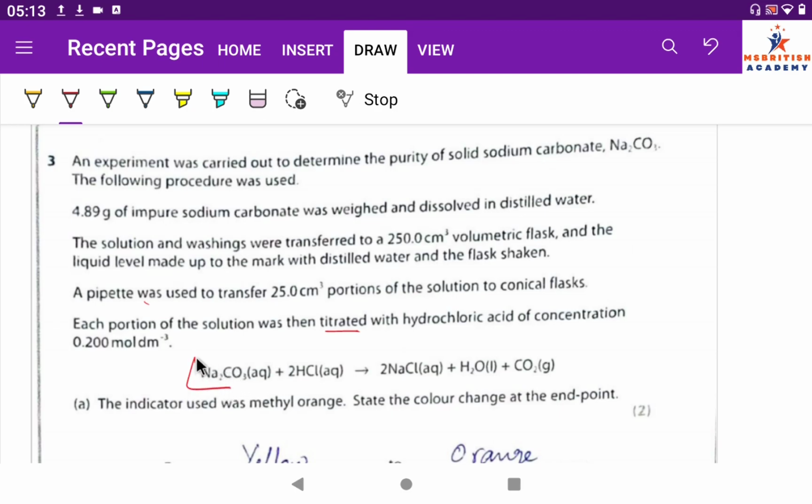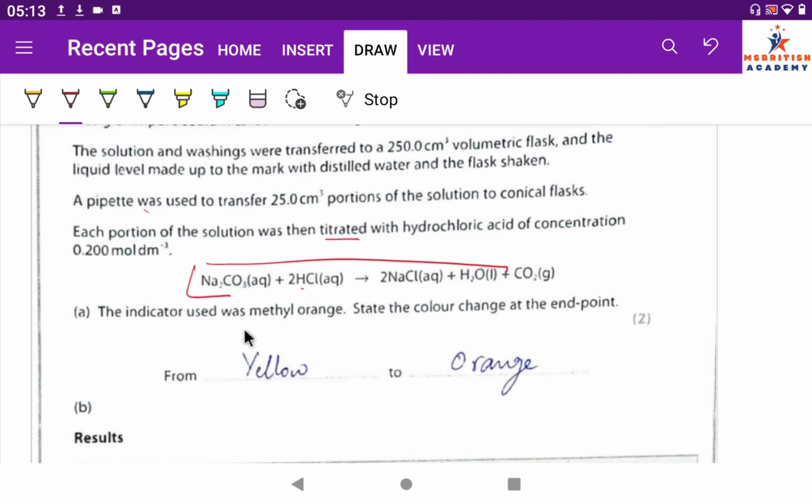So the reaction is this: 1 mole of sodium carbonate reacts with 2 moles of hydrochloric acid to form 2 moles of NaCl, 1 mole of liquid water and 1 mole of carbon dioxide. The indicator used was methyl orange. State the color change at the end point. So from yellow to orange.